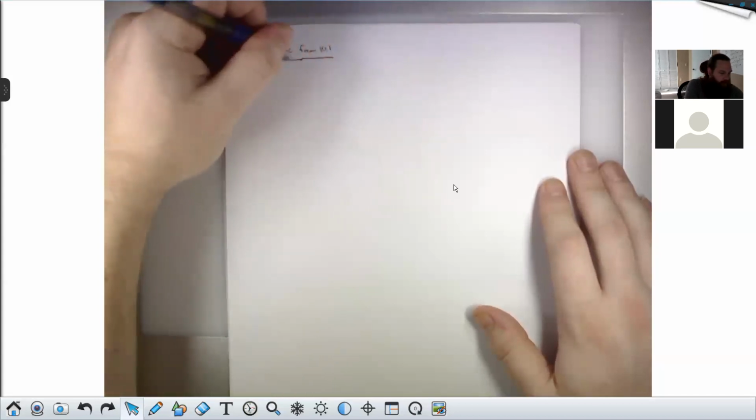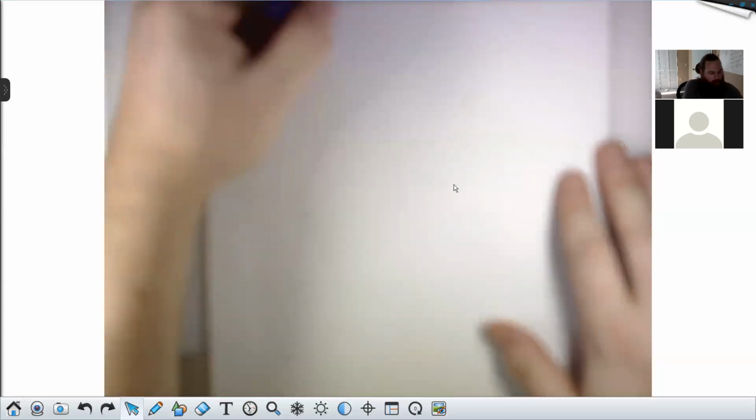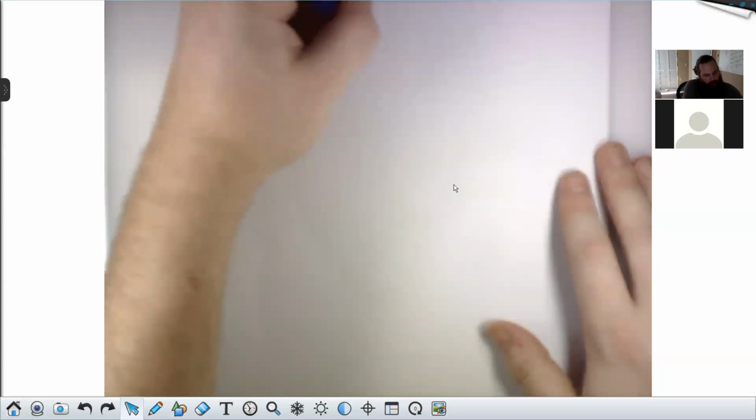It's very easy to take an xy curve and parametrize it, especially if that xy curve is a function.